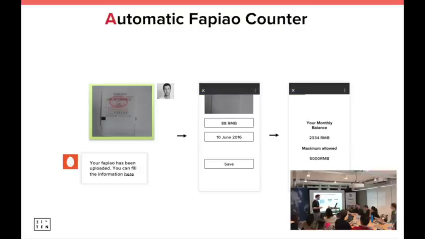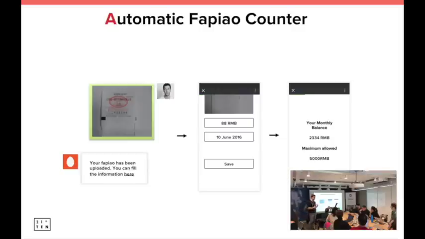One of the concepts we had as well, which got developed very recently by Fresh Print, is a system that removes the hassle of FAPIAOs. Let's say you have a FAPIAO, and instead of making a report every month, which is very time consuming, you just take a screenshot and send it to an official account, as if you were sending it to a friend.